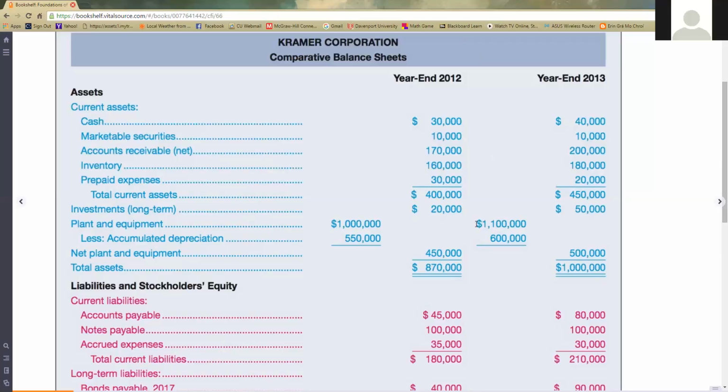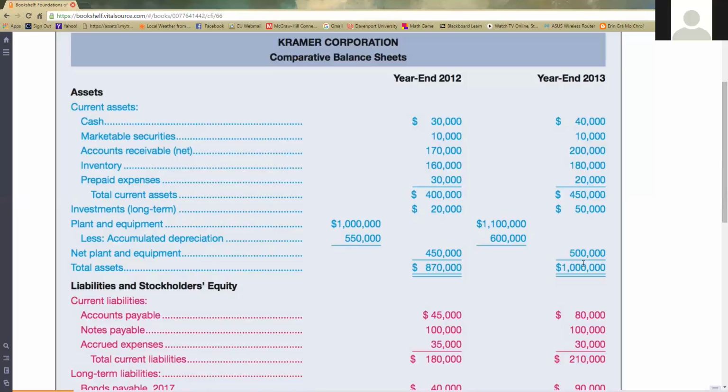This is the plant and equipment. That's their equipment, their factory, their vehicles, all those long-term assets. All together cost them $1.1 million when they bought them. But they've been depreciating them as they went along, and now they're down to 500,000. So that is what's going to get added up into our assets to make $1 million of assets.